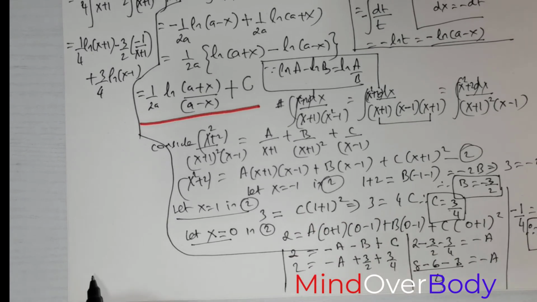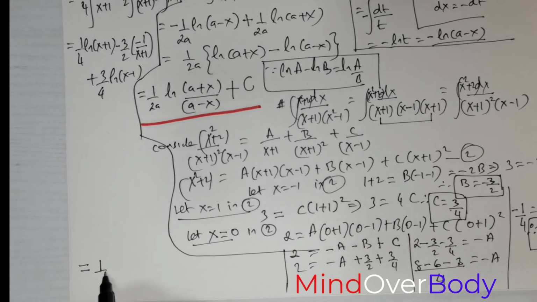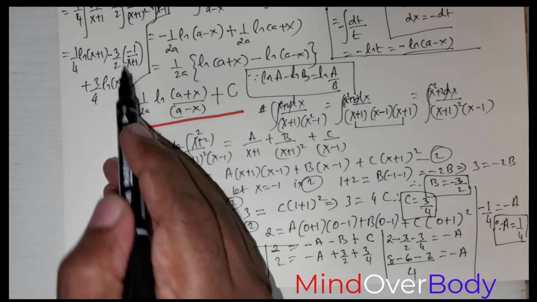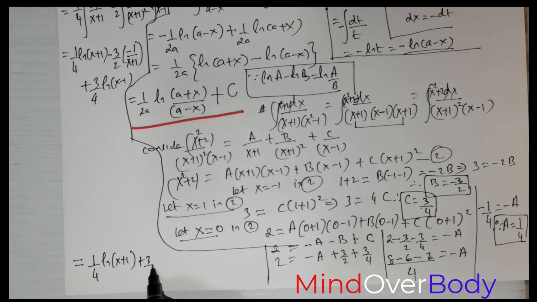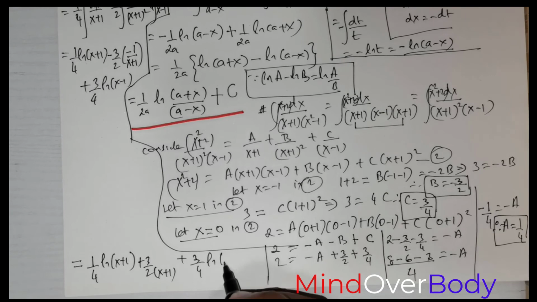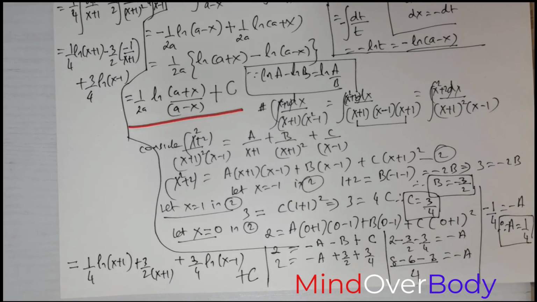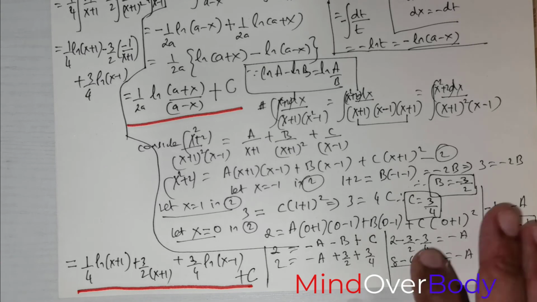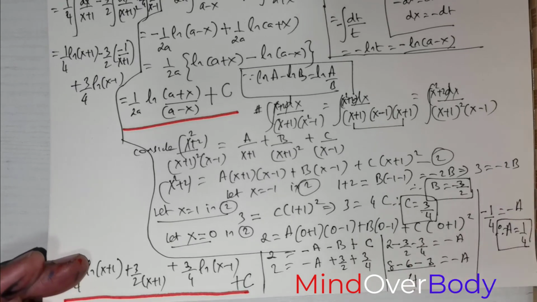So this is equal to 1 over 4 ln of x plus 1, plus 3 over 2 times 1 over x plus 1, and then you have positive 3 over 4 ln of x minus 1 plus arbitrary constant c. So that's a good place for us to draw the red line. Students, of course, if you want to simplify further, you can use logarithmic formulae, but I think this is the best place for us to stop.